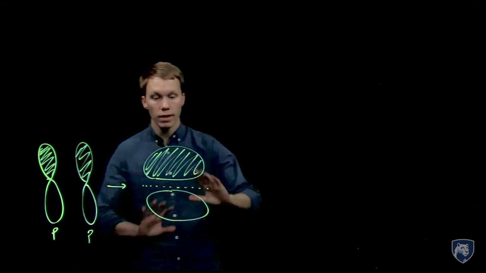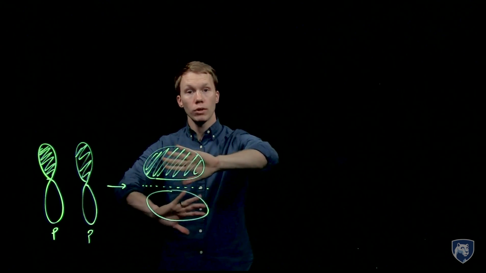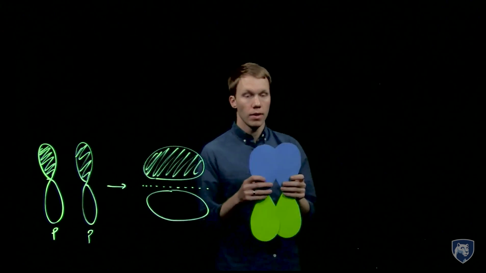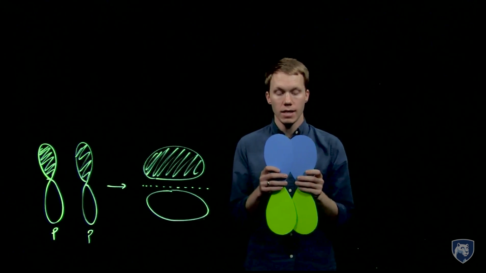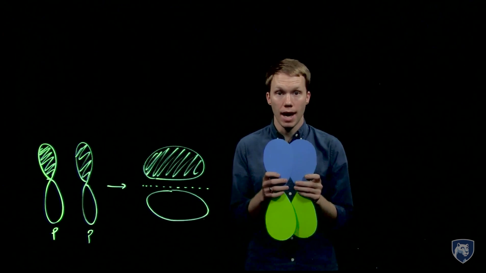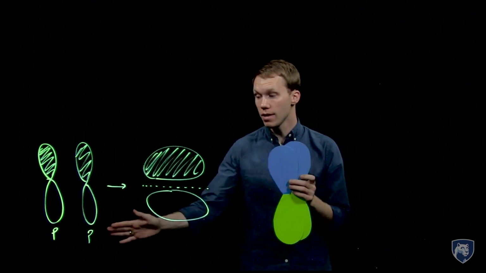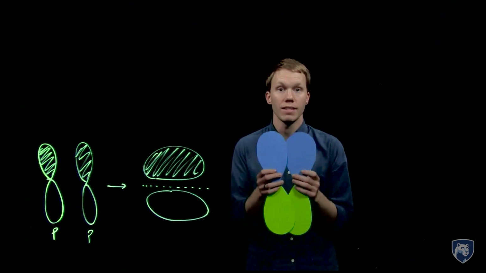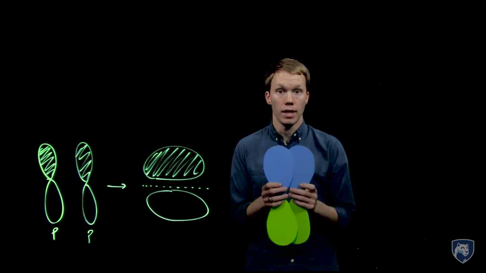So we end up with electron density above and below the bonding axis, and this constitutes one pi bond. And you can remember the name pi from p, okay? So pi is the Greek letter for p. So in this course, we are going to almost exclusively be looking at the overlap of p orbitals as the only example of a pi bond.